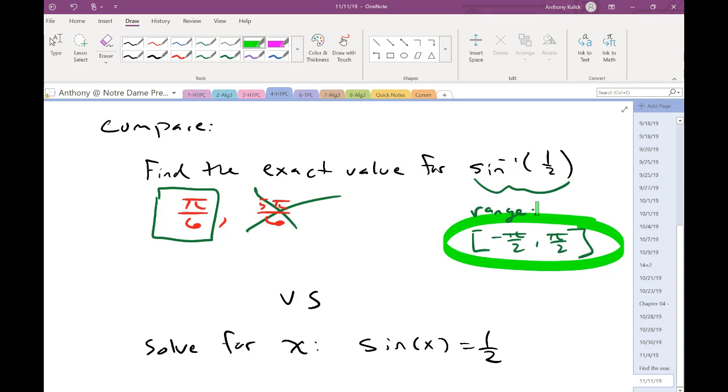No, I'm asking why the range is this for sine inverse. We chose it to be that. We did. Why did we choose that?